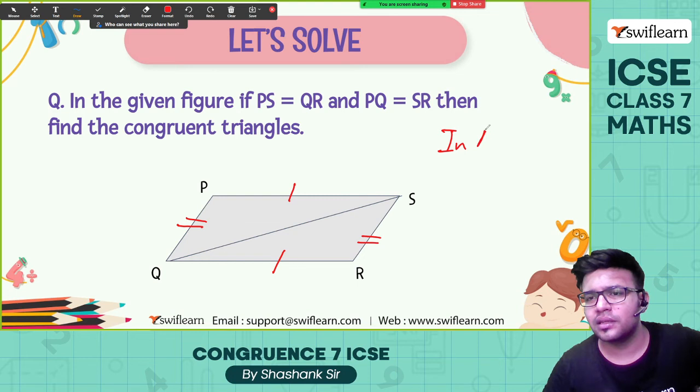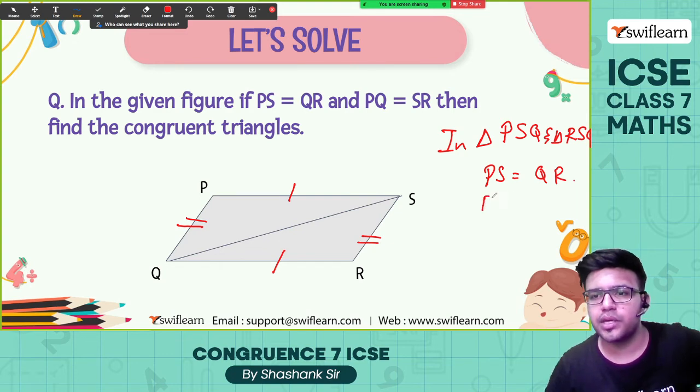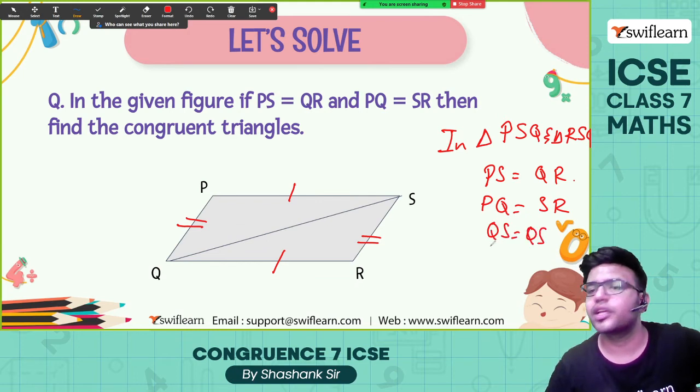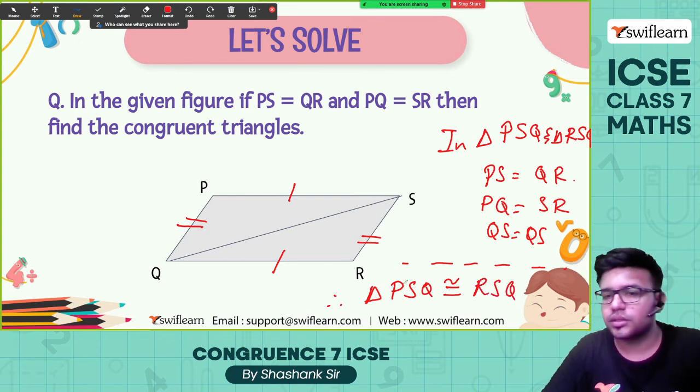In triangle PSQ and triangle RSQ, PS is equal to QR, PQ is equal to SR, and QS is equal to QS, the common side. So all three sides are equal. We have to write that all three sides are equal. Therefore, triangle PSQ is congruent to triangle RSQ. Got this? Okay.